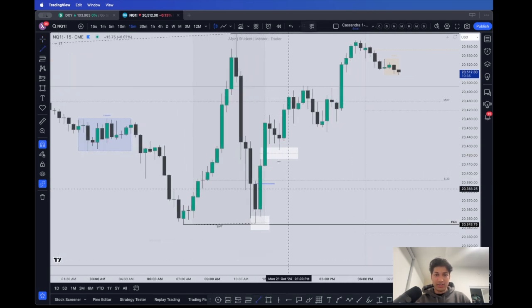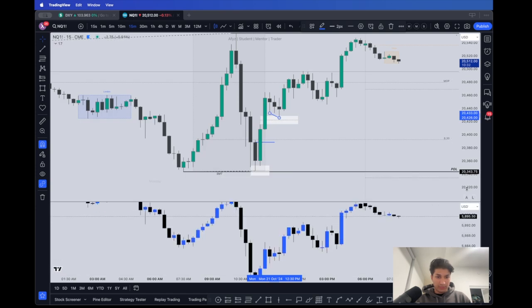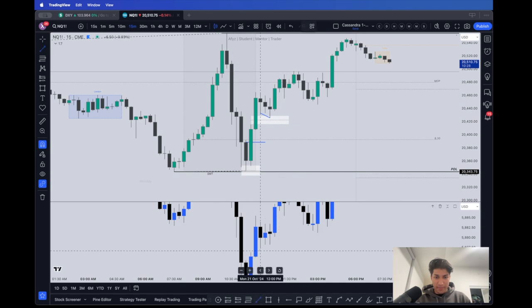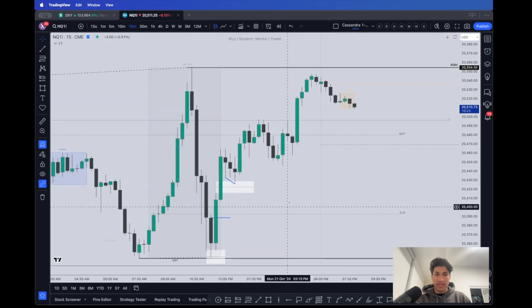Price comes in and formed an SMT with the ES, which we can pull up right here. We formed an SMT divergence inside of this imbalance right here. And then price expanded once again higher. Then again, there was another reaccumulation of price. We come back into this order block, and then price at the end of the day expands once again.